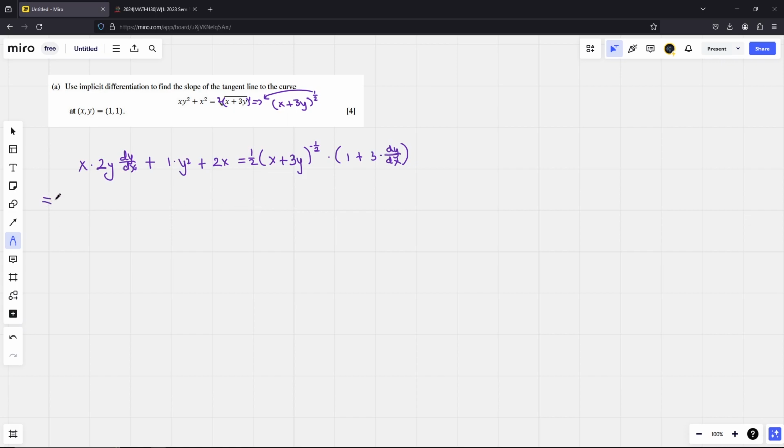Okay, so let me just make this a bit more simple. So this is going to be 2xy dy by dx, and this is going to be just y squared plus 2x. And on the right hand side, I can multiply this to the fraction. So if I do that, I can write this as a numerator, so I can have 1 plus 3 dy by dx.